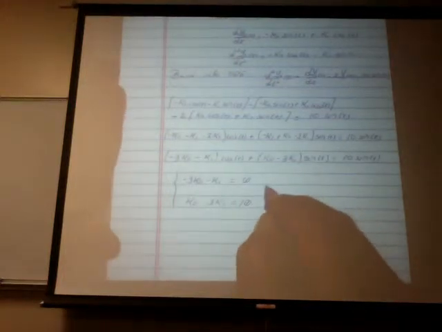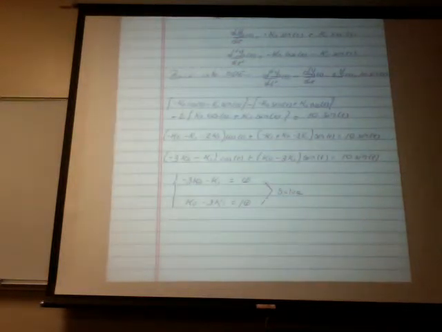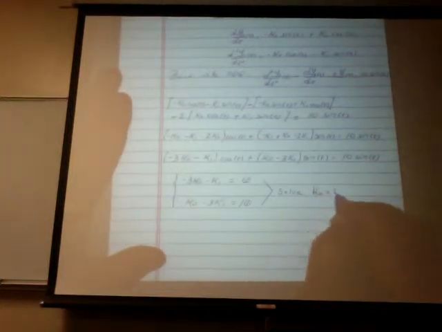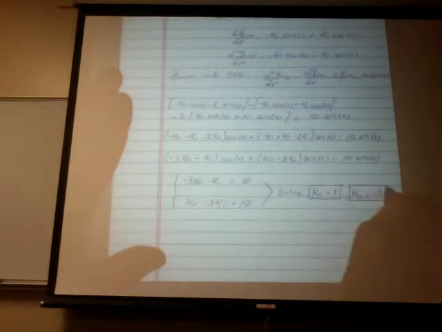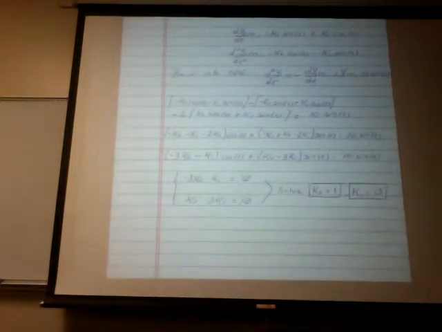So basically solve the system of two equations with two unknowns, and you get k0 equals 1 and k1 equals minus 3. So these two values of k0 and k1 will satisfy these two equations simultaneously.